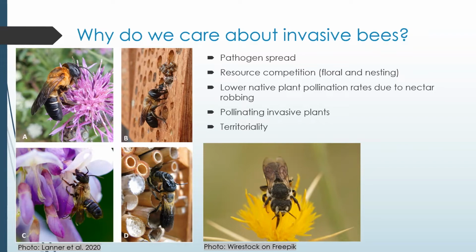So there's a few examples that we've seen of bees causing issues, like this Megachile sculpturalis. It actually pulls other bees out of their nests, takes over native bee areas and things like that. But of the 60 bees, there are 5 or 6 examples of introduced bees causing real issues with the native populations.